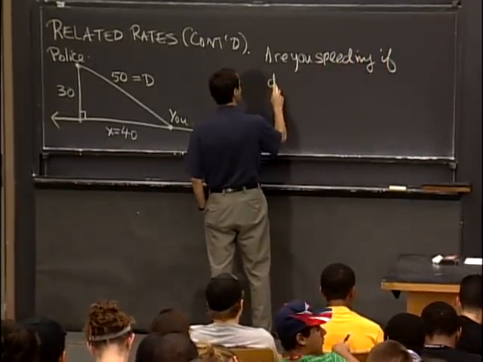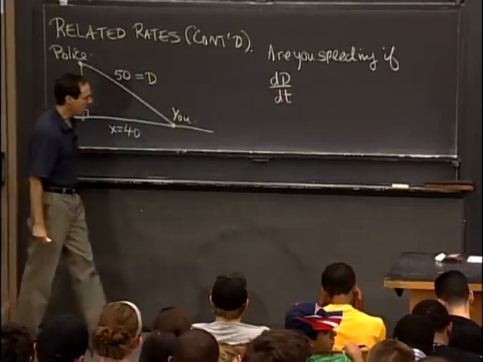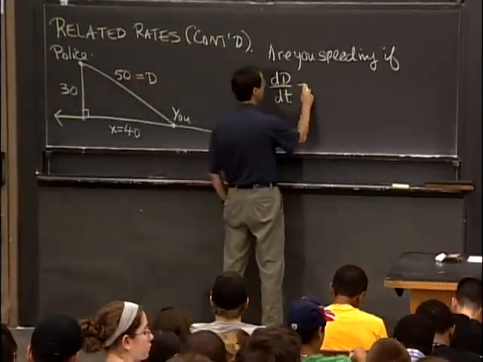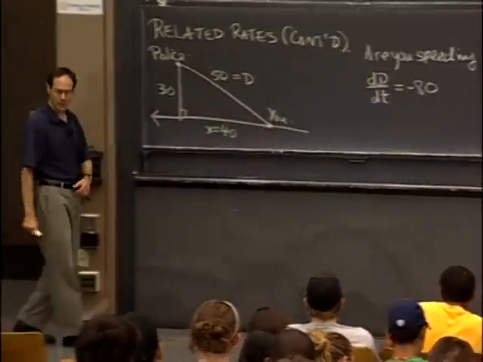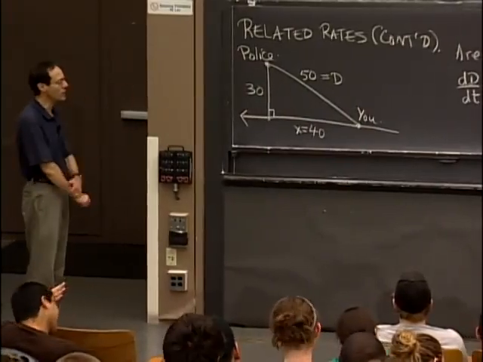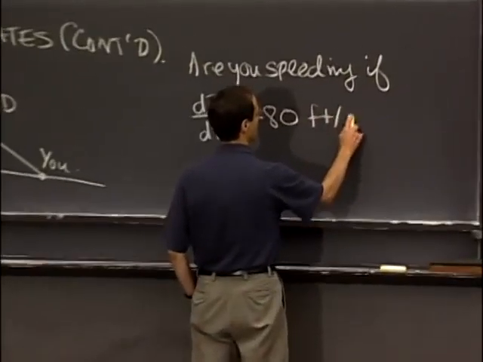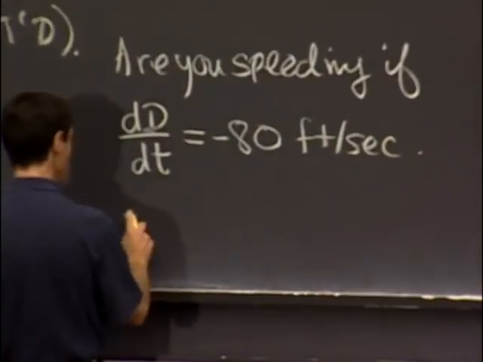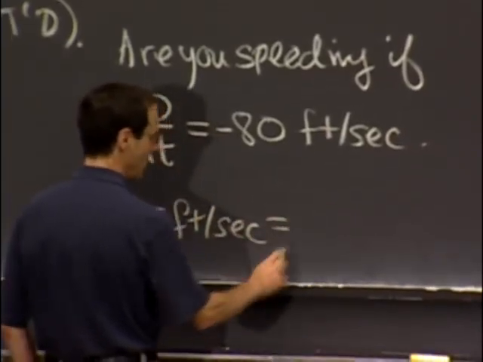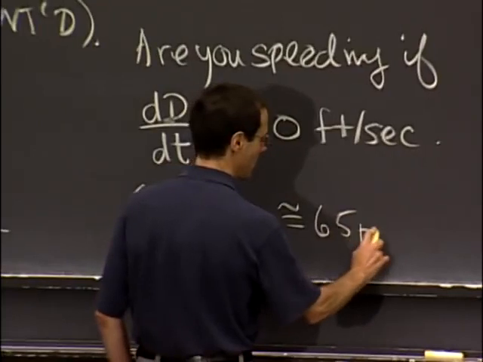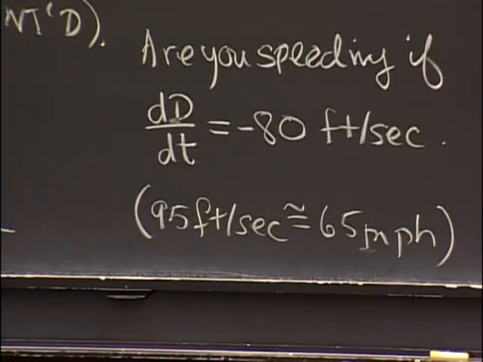If the rate of change of d with respect to t is 80 feet per second. Technically, that would be minus 80 because you're going towards the policeman. So d is shrinking at a rate of minus 80 feet per second. And I remind you that 95 feet per second is approximately the speed limit, which is 65 miles per hour.